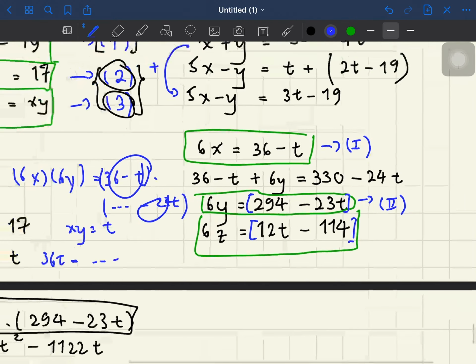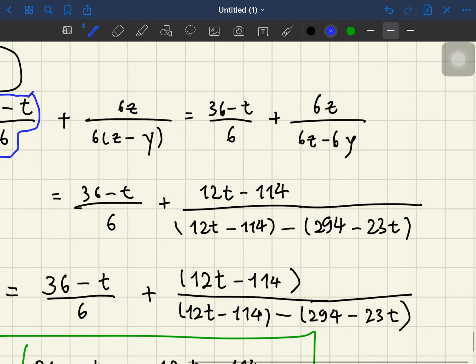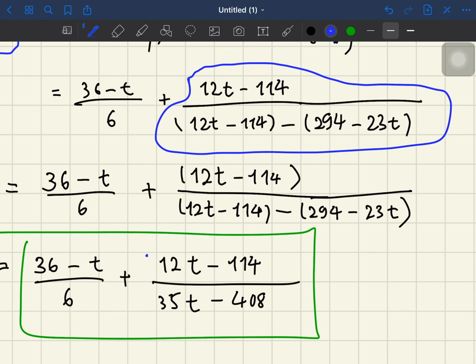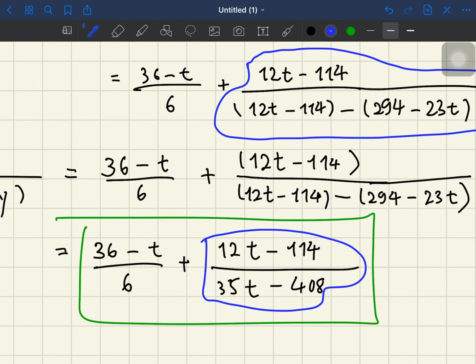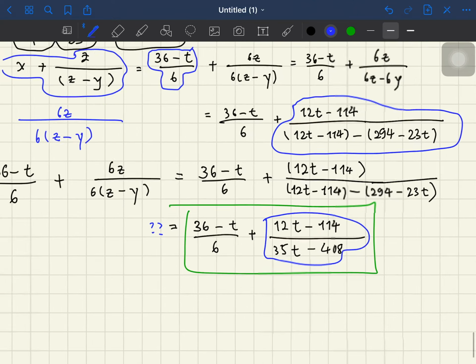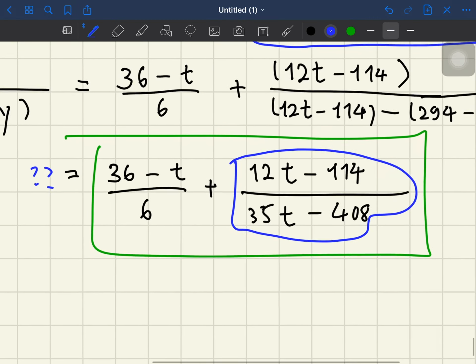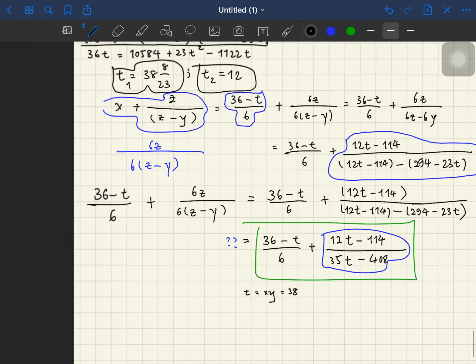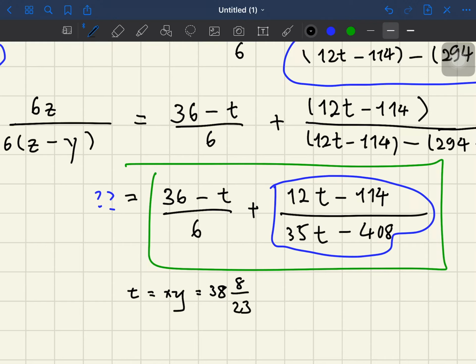these expressions in terms of t, and then you will get something like this, and then the final answer will be this fraction. Your desired question mark answer will be equal to this entire green thing. And recall t, which equals xy, equals 38 and 8 over 23, or t equals just 12.